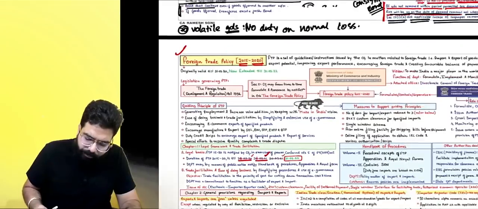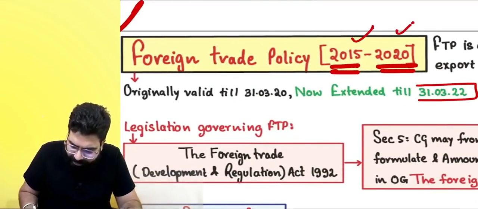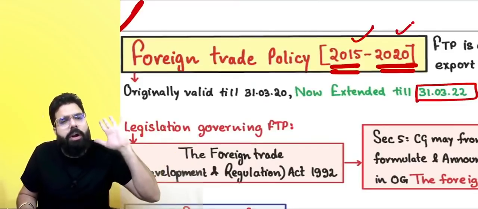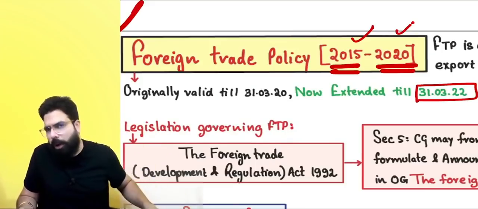It means the foreign trade policy 2015-20 is actually extended till 31st March 2022. The government is not coming up with a new policy. They are extending the old policy.